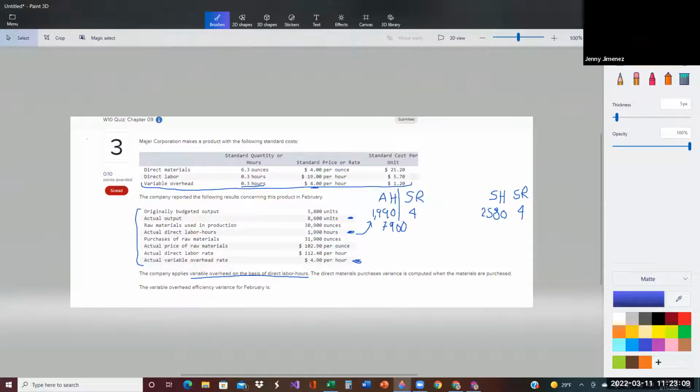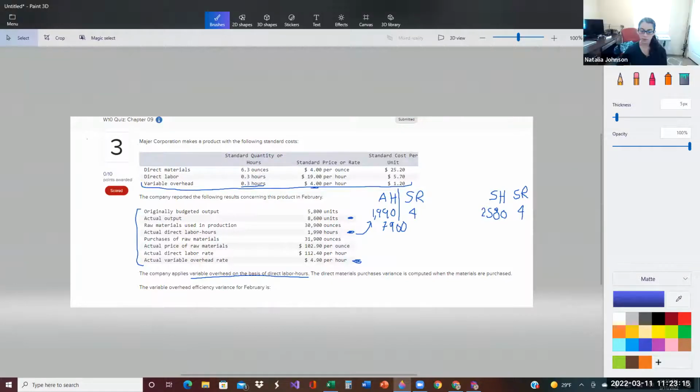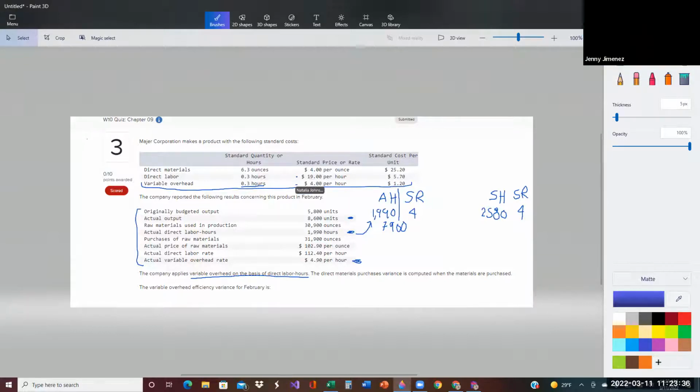So what does it mean when it says that it's based on direct labor hours then? Well, the variable overhead is just based on direct labor hours. So if the direct labor is 0.3 hours, it's going to be the same for variable overhead, but the rate is always different, because variable overhead is usually cheaper.